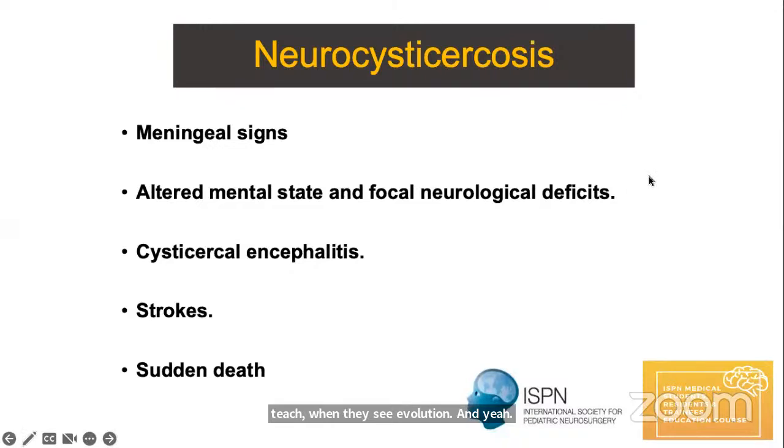The clinical manifestations in patients with neurocysticercosis: they have meningeal cysts, altered mental state, focal neurological deficits, cysticercal encephalitis, strokes, and sudden death. Sudden death is a less common manifestation and is associated with racemose cysticercosis.